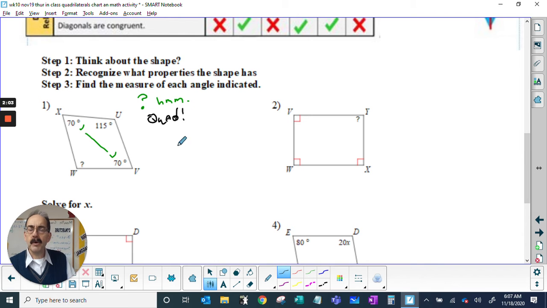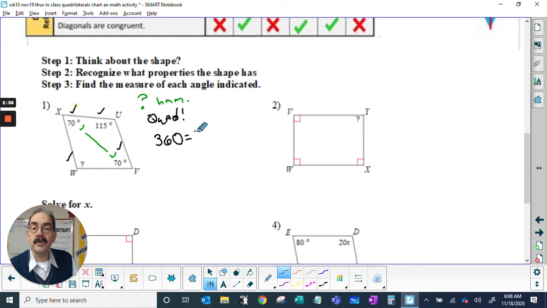Okay, it's a quadrilateral. How many degrees in a quadrilateral? All four-sided objects. Remember the rectangle? 90, 90, 90, 90. A square, 90, 90, 90, 90. What's 4 times 90? 360 degrees. Well, that 360 degrees is made up of angle 1, angle 2, angle 3, and the unknown.